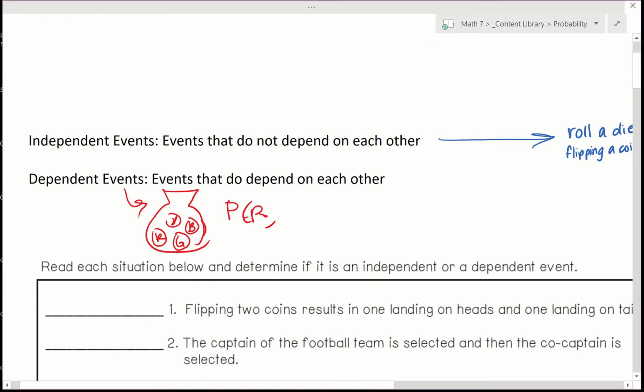The probability of me getting a red marble is going to be 1 out of 4, because there are 4 outcomes I could get, and only one of them is red.